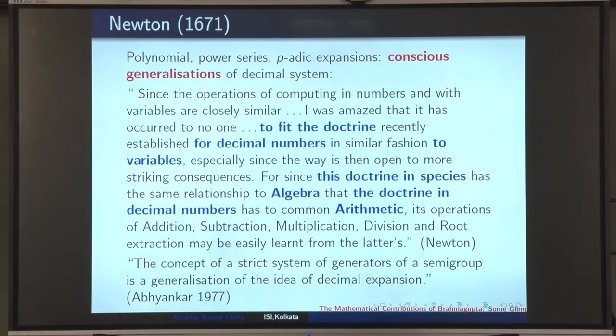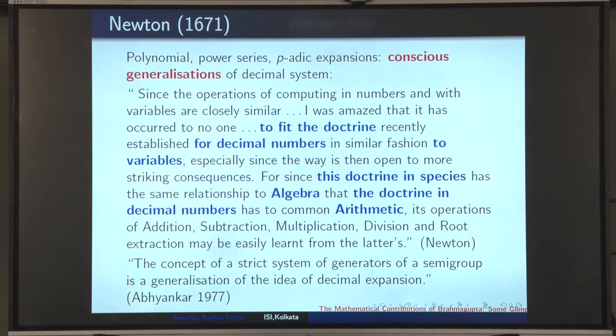Especially since the way is then open to more striking consequences. For since this doctrine in species has the same relationship to algebra that the doctrine in decimal numbers has to common arithmetic, its operations of addition, subtraction, multiplication, division and root extraction may be easily learned from the latter.